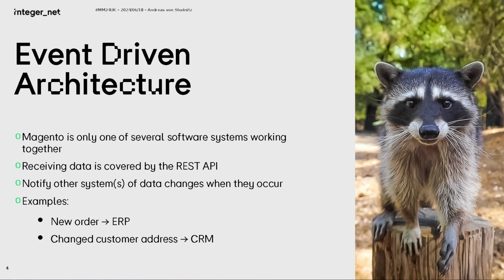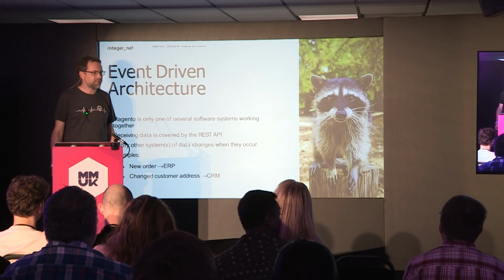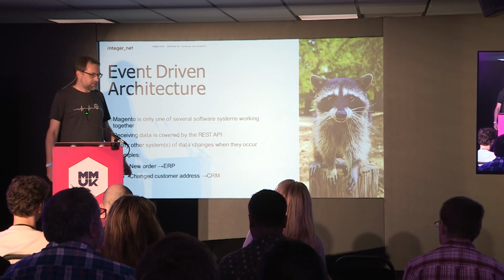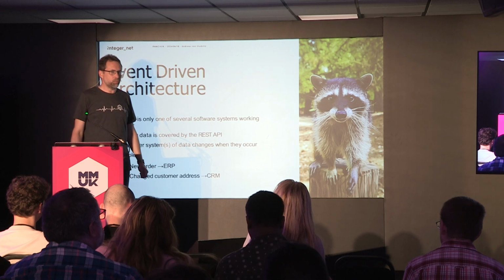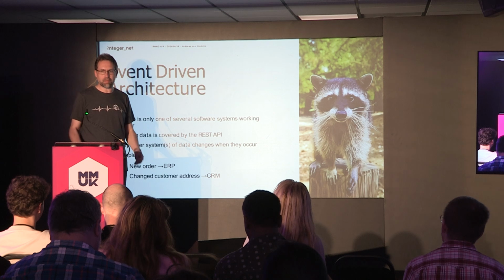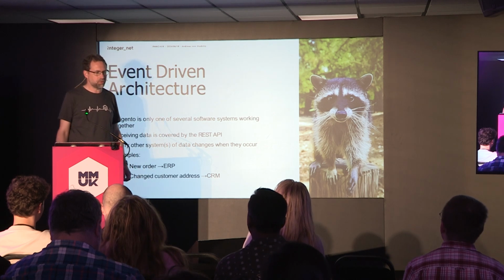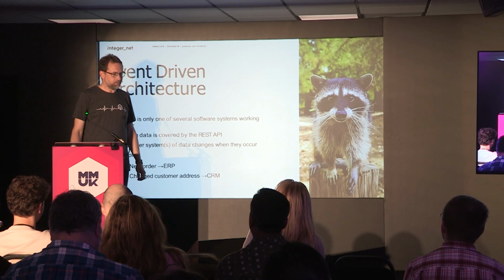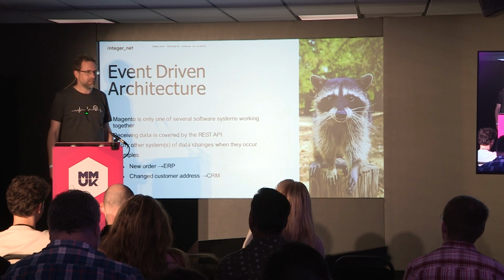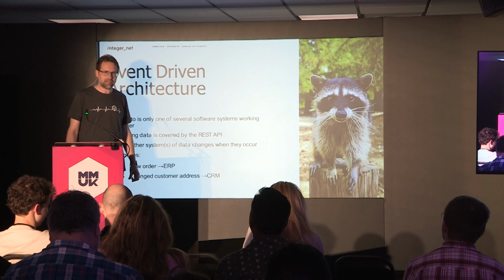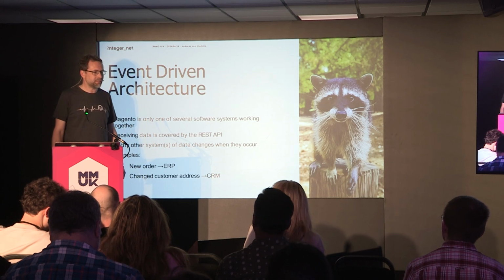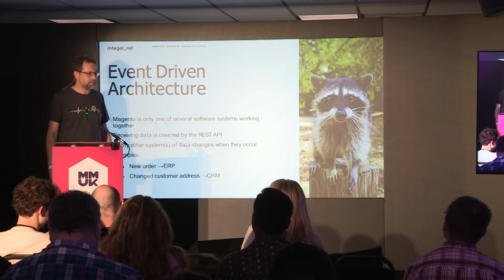There's an ERP, there's a CRM, there's a newsletter system, there are other types like logging, reporting, and so Magento is only one part, and we are covering here one direction, because if some other system wants to send some data to Magento, it's already covered by the REST API. It's already working nicely. You have everything on there. There's even an asynchronous part with REST API, and it's fine how it is.